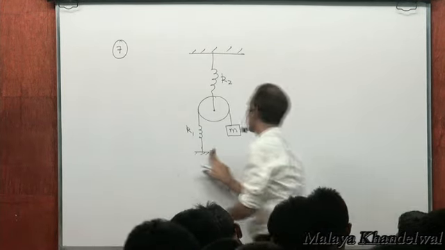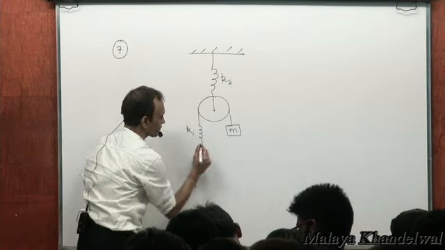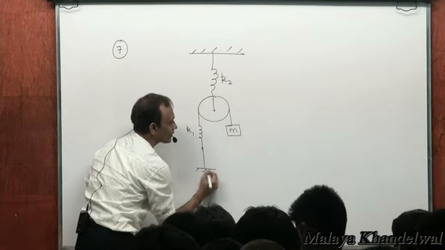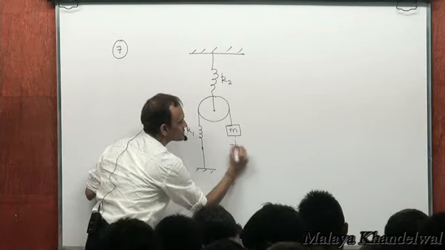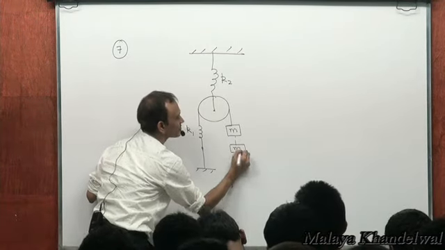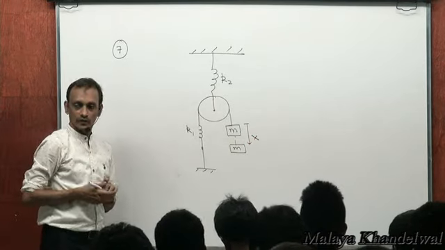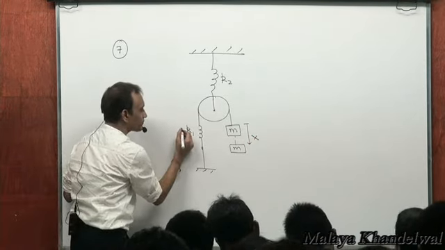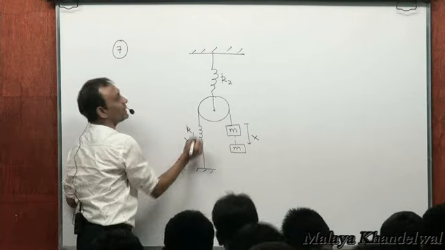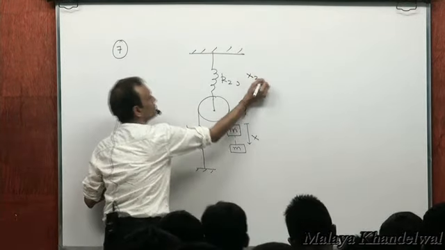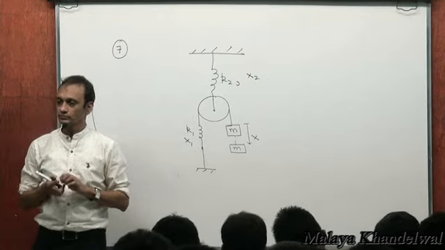Say this mass m descends by an amount x, and say this spring elongates by an amount x1 and this spring elongates by an amount x2.